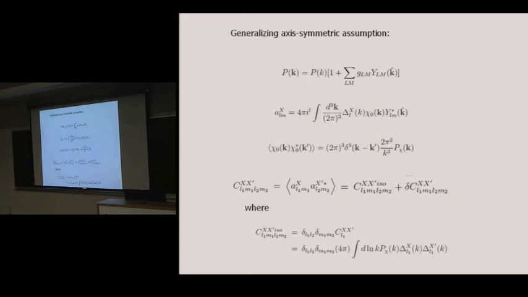So if we have a power spectrum P of K, which is related not only to the scale-invariant power spectrum, but also has some direction dependent terms. And in the previous paper, people assume a direction dependent case.